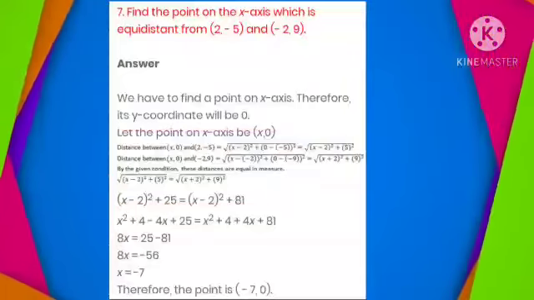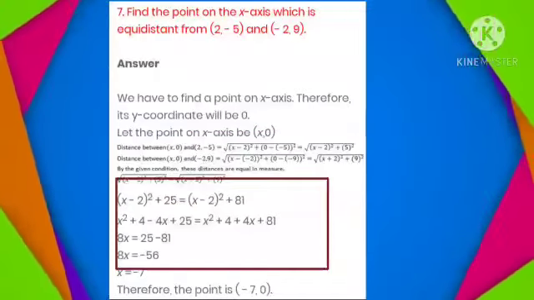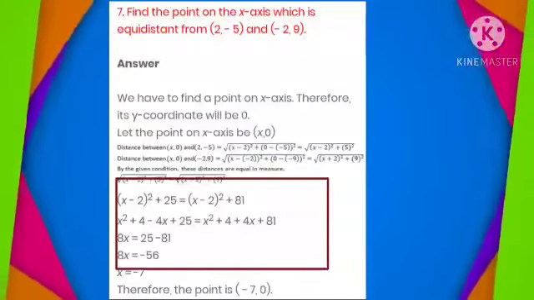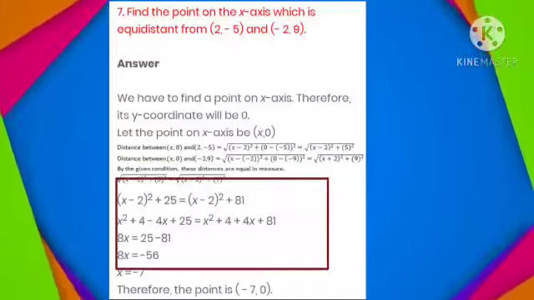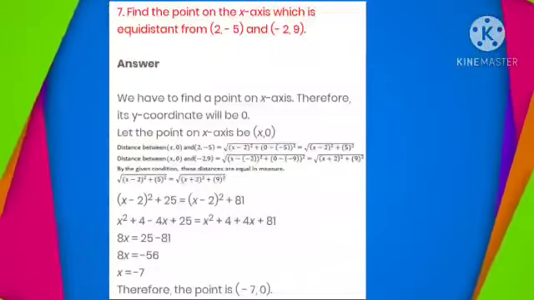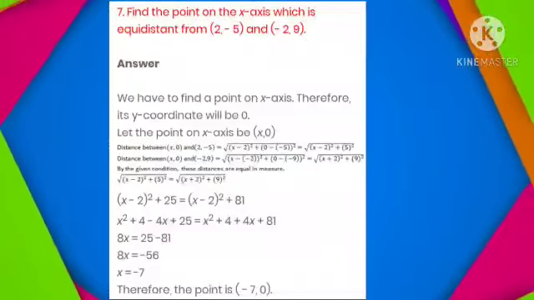As these distances will be the same, we can equate them as you can see on the screen, and finally we get the value of x as -7. So the coordinates of the point on the x-axis are (-7, 0).